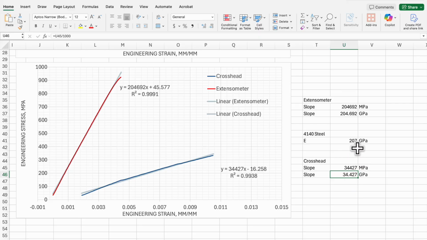So ask yourself, when you're looking at these types of problems and you're seeing this drastic difference: check everything, check your units, check your expected value, make sure you're getting this from a reputable source, and then see if you used an extensometer or if you forgot to plot that data, and see if that makes a difference.